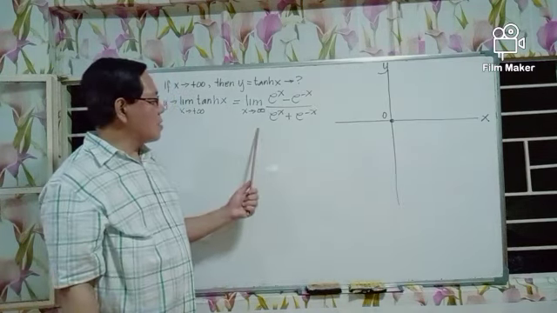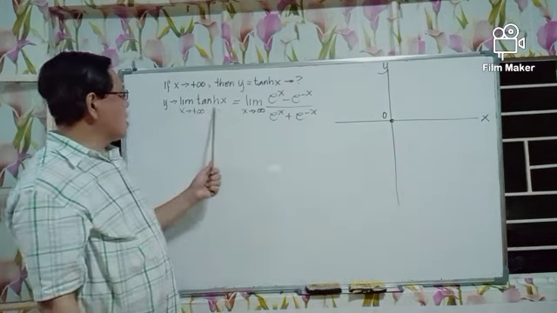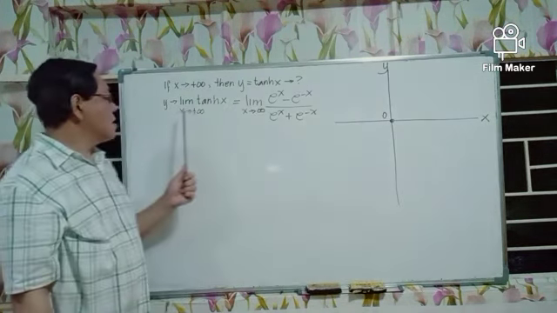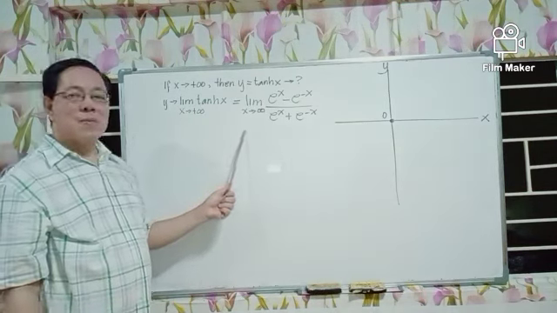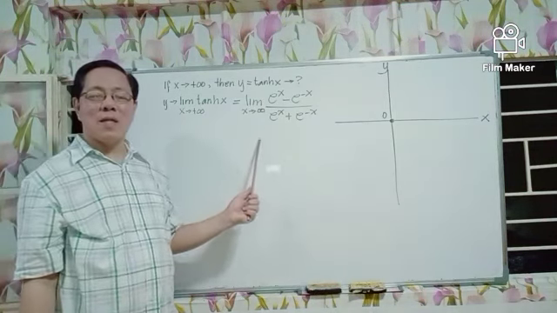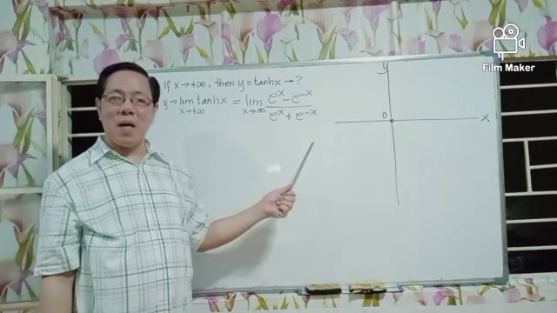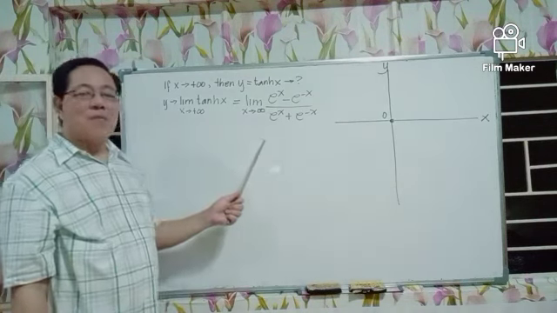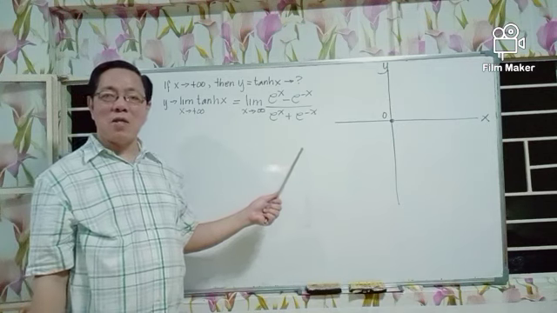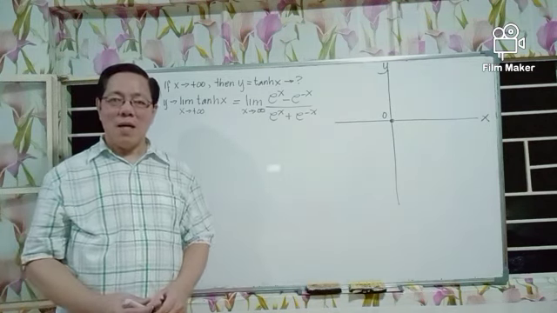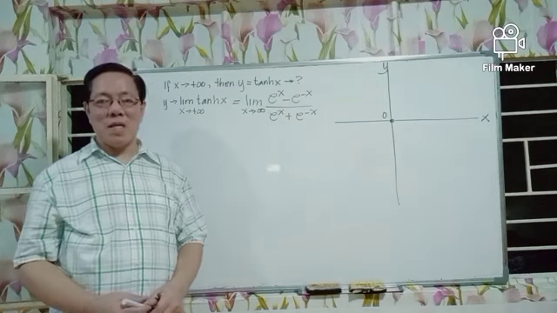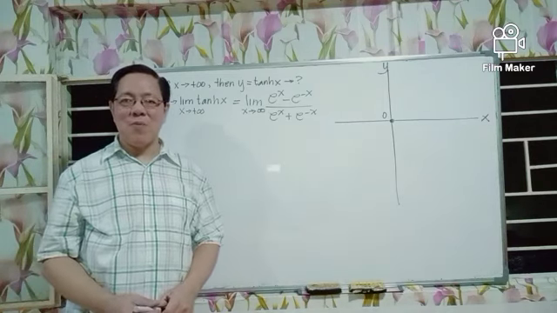And we can also write limit of hyperbolic tangent of x as x approaches positive infinity is equal to, instead of this, limit of hyperbolic sine of x over hyperbolic cosine of x as x approaches positive infinity. And that would be easier to evaluate the limit of the hyperbolic tangent of x.